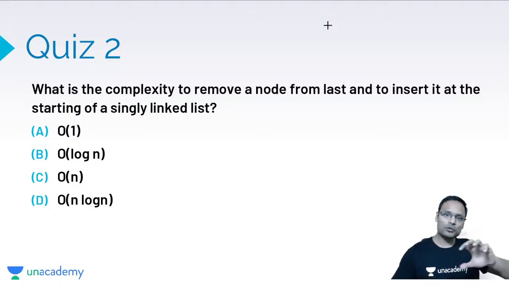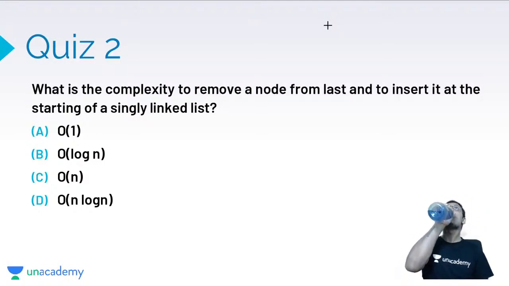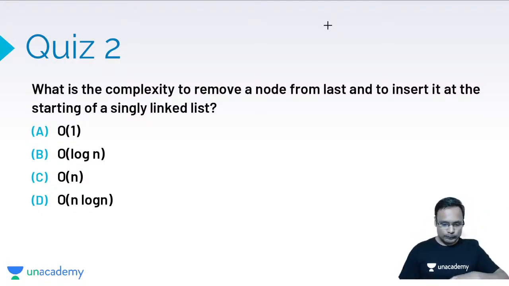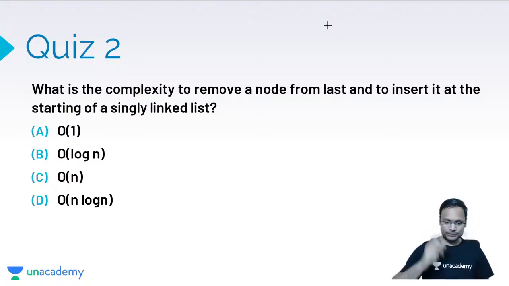So you have to delete one node from the very last, and you will have to add it at the starting. What will be the complexity? Option A, B, C, D. Which option is correct? Type it down in the comment box.